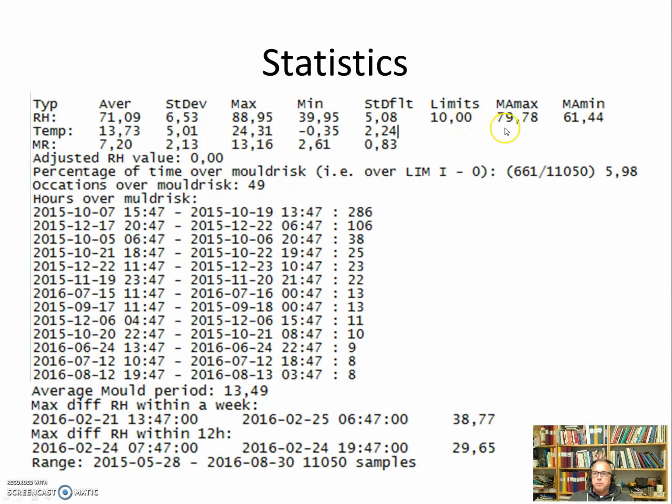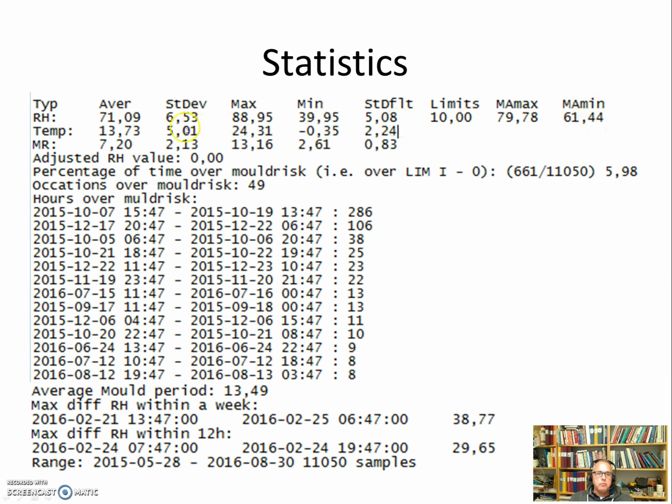The moving average maximum value was 79, and the moving average minimum value was 61. So then you can see that those minimum values here were just spikes, because the average minimum value is here, 61.